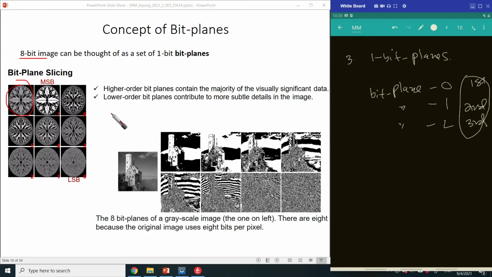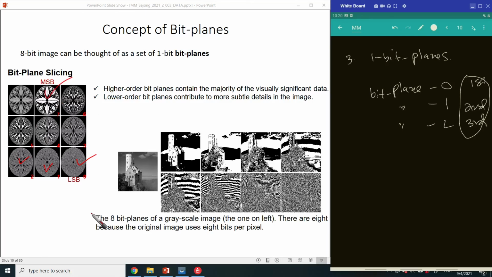This is basically an 8-bit image. Now if we convert this 8-bit image into 8 1-bit planes, and if we just consider the LSB plane, it will look like this one, and the second bit plane will look like this one, the third, 4th, 5th, 6th, 7th, and this is the MSB plane.